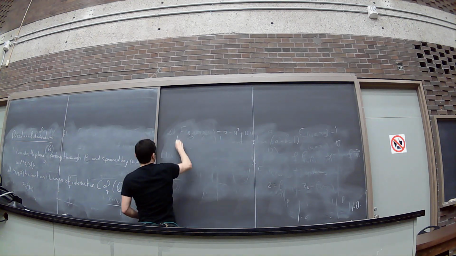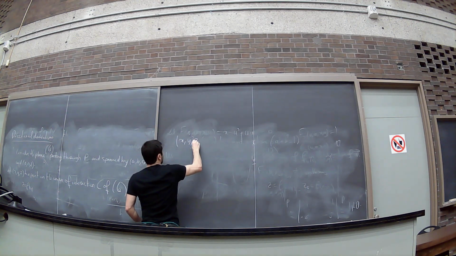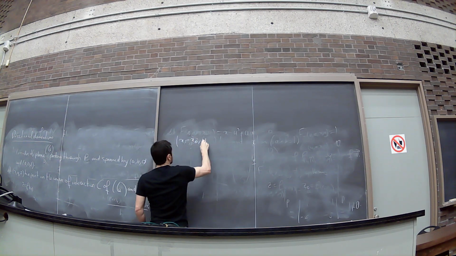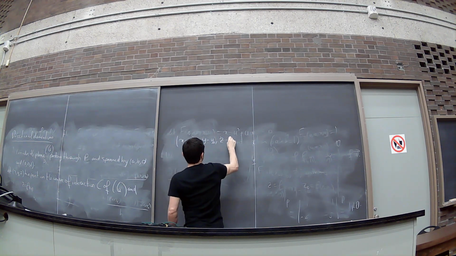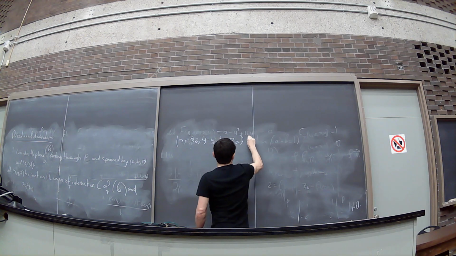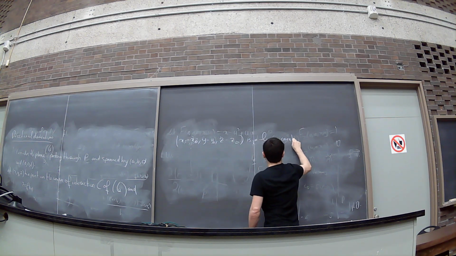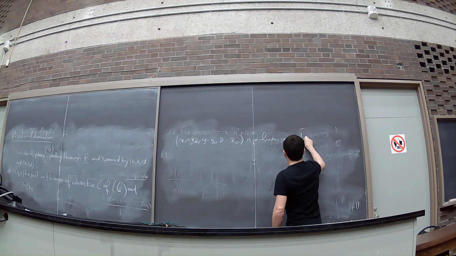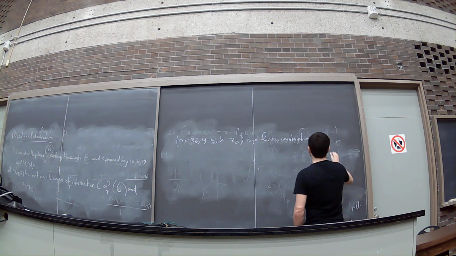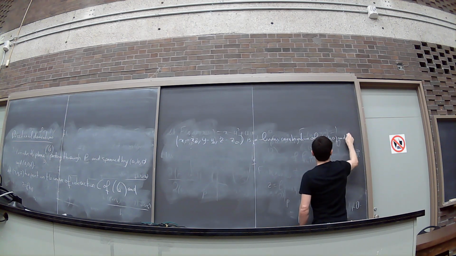You can say that (x, y, z), or (x minus x0, y minus y0, z minus z0), is a linear combination of what? Of (a, b, 0) and (0, 0, 1).